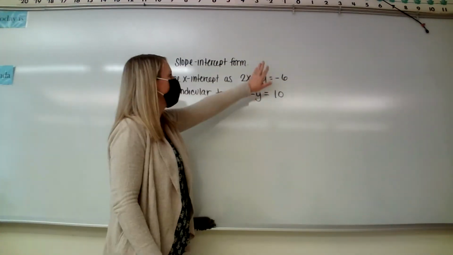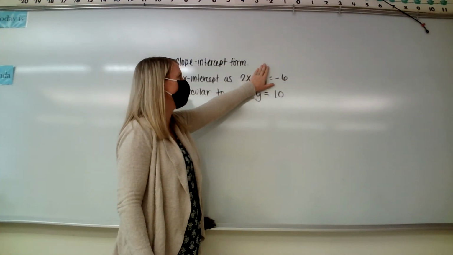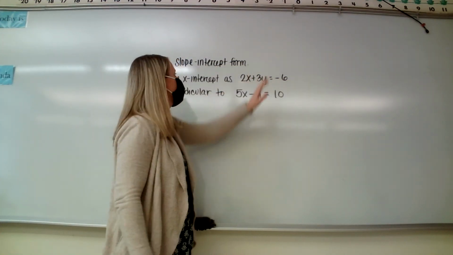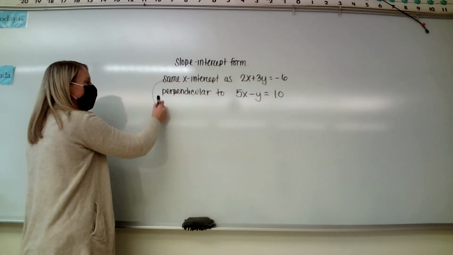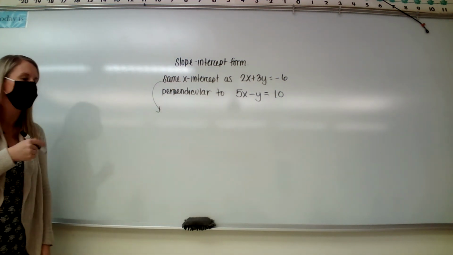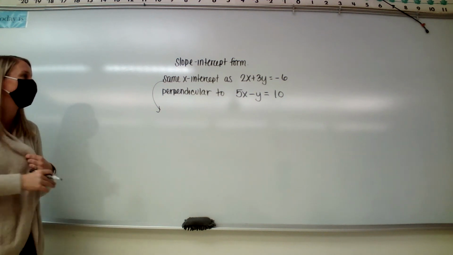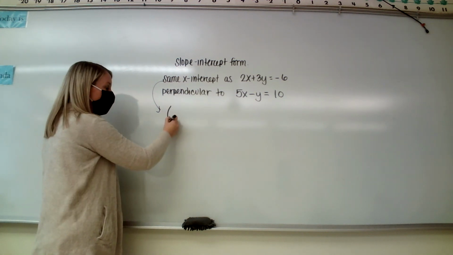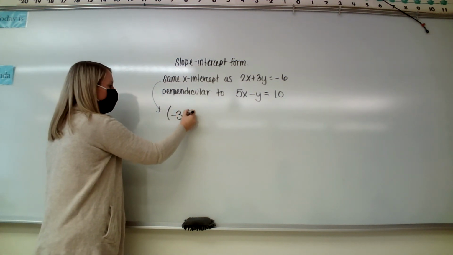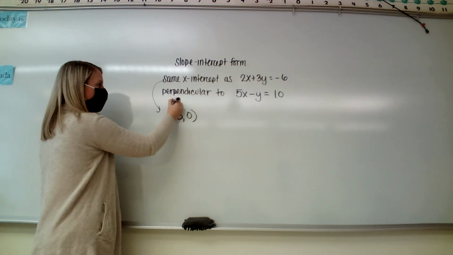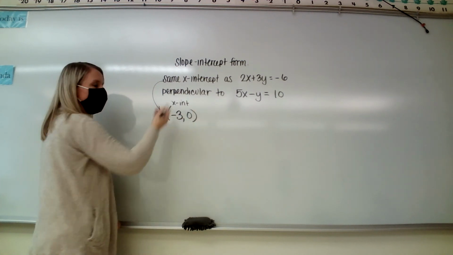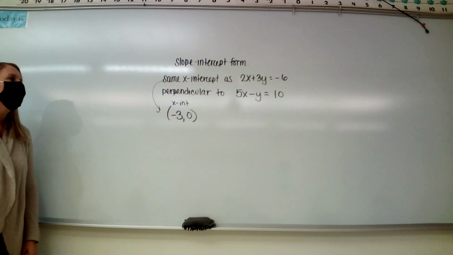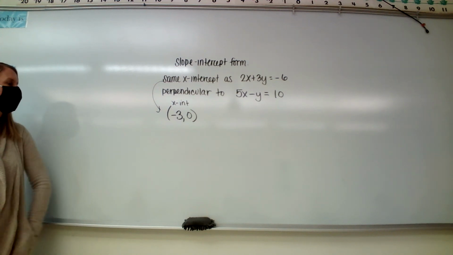So if I plug in a 0 for y, I'm left with 2x equals -6. The x-intercept is a point. Don't just write x equals, that doesn't mean anything. X equals is actually a vertical line. It's the point -3, 0.